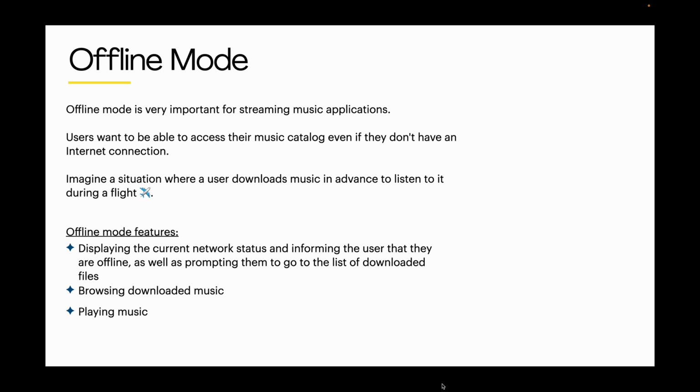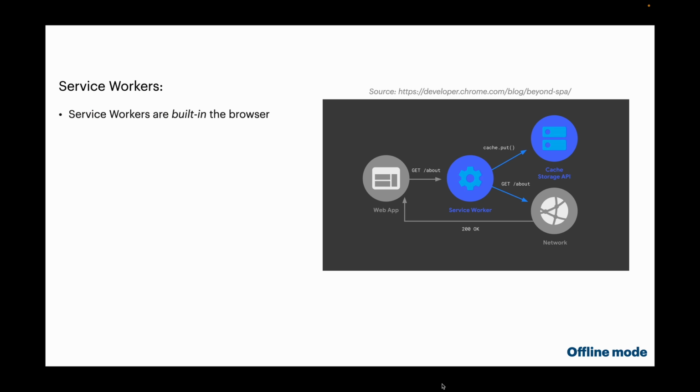But how can we make our application work when users have no internet connection? If the browser can't reach a remote server, it simply returns a not found error, right? Yes, unless we find a way to intercept it. Service workers can help us here. Let's look at what a service worker is. Service workers are built into the browser.